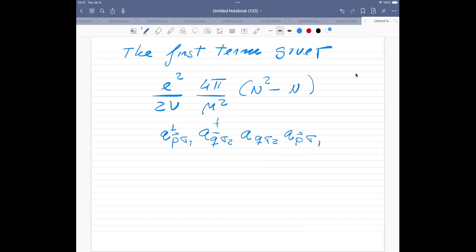Now I can use the anti-commutation rules of fermion operators. So I can interchange this one with that one, and then I can interchange this one with that one.